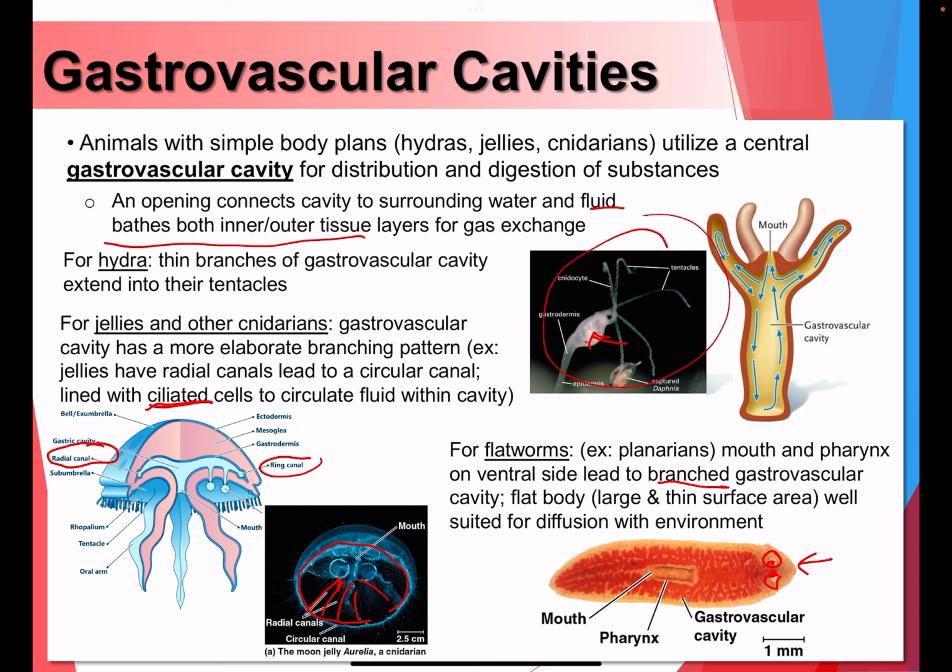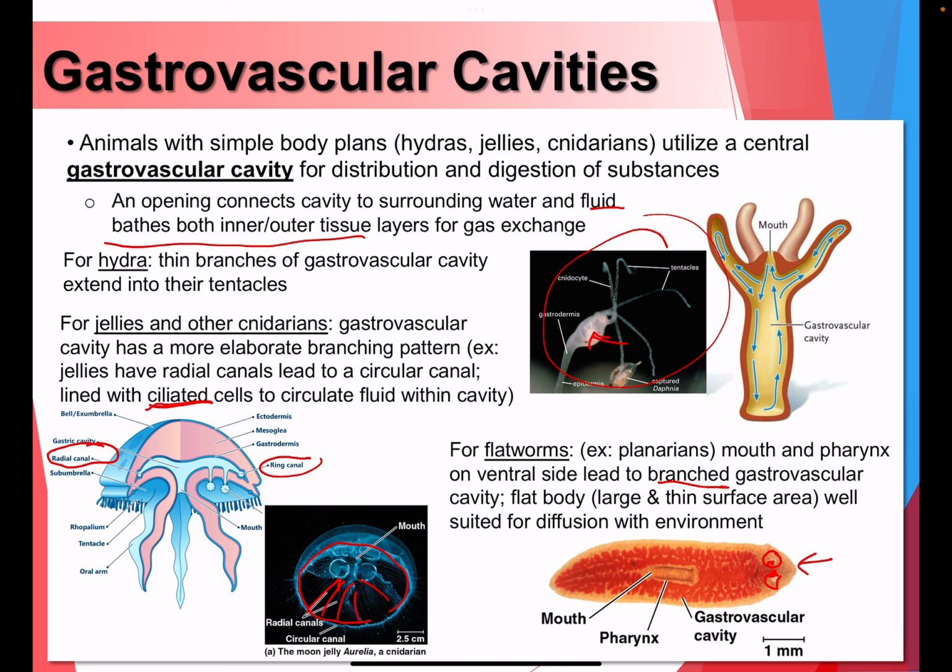Now all of this dark orange you're seeing is the branched gastrovascular cavity. That's big. It takes up pretty much the entire body of the planarian. So their flat body, being large and thin, serves as a very good surface area for diffusion with the environment. So their cells just exchange these gases directly with the environment around them.